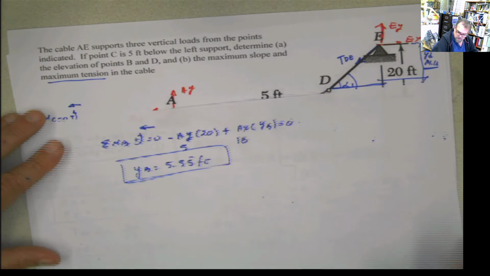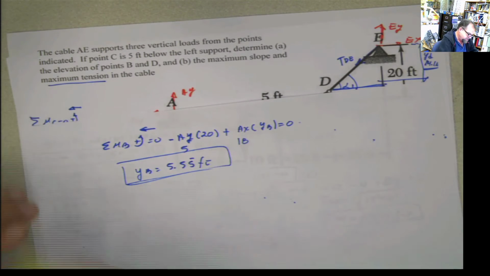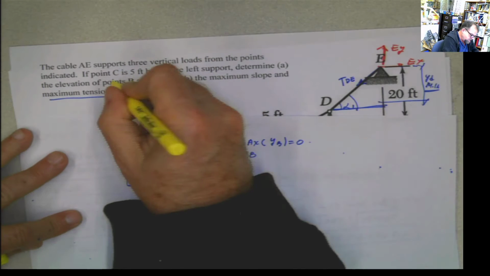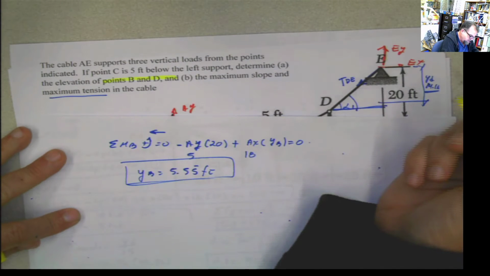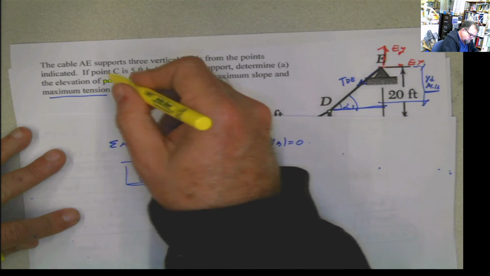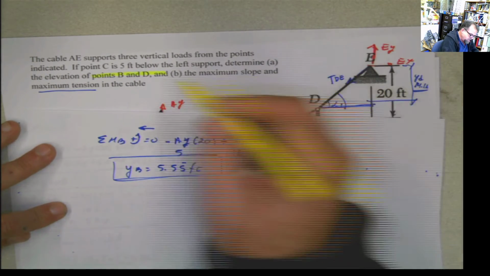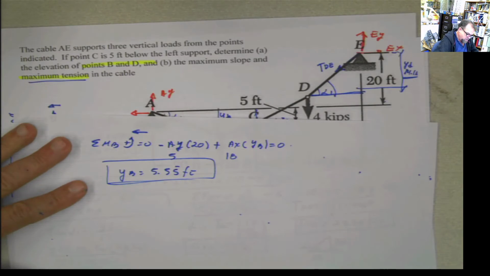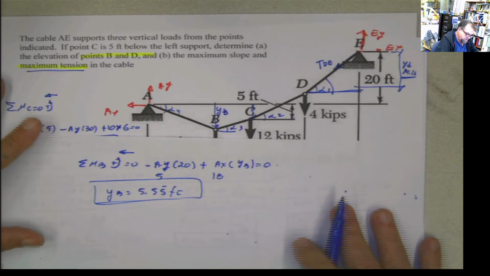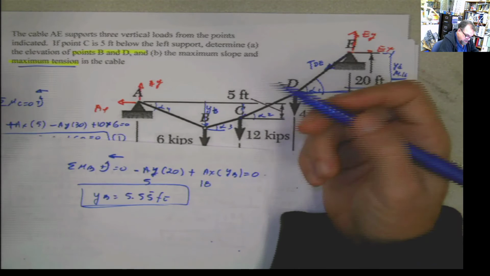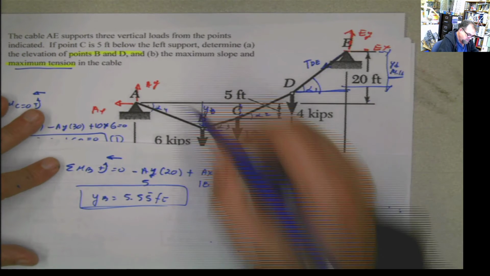So what is the problem asking? I got lost here. The problem is asking the elevation of the points B and D. We already got it. The reactions, it's not asking us, but we needed them. And the maximum tension in the cable. Well, the maximum tension is whatever the maximum reaction is. Now the maximum angle is. Now we can even check it if you want to. What is this angle alpha 4?